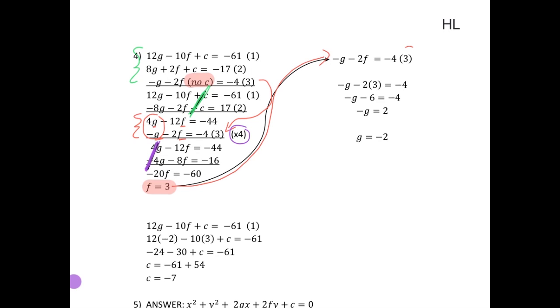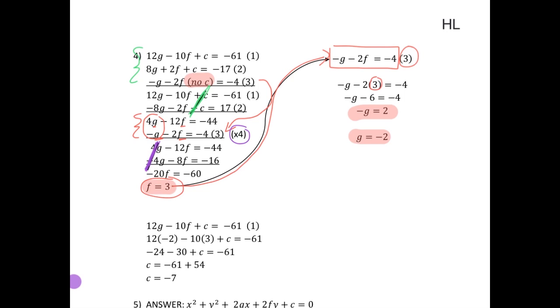So here I've taken equation 3, which was minus g minus 2f equals minus 4, filling in our value of 3 for f here, and simplifying that down, we find that minus g is equal to 2, or dividing both sides by minus 1, g is equal to minus 2.